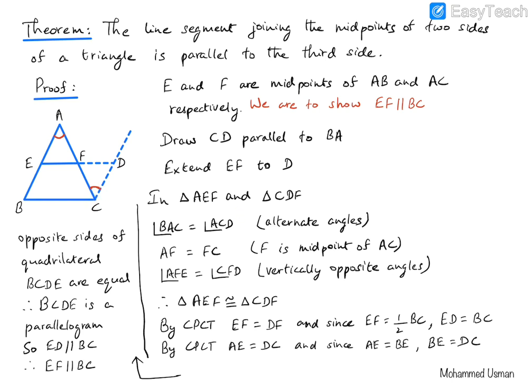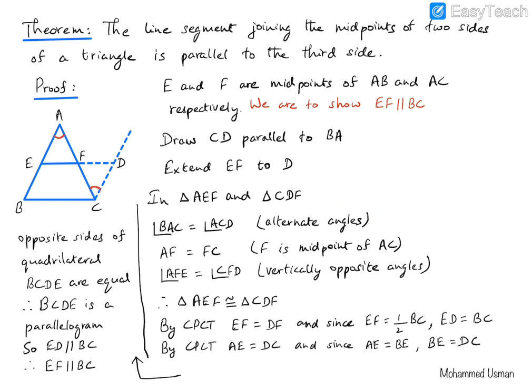AB and CD are parallel lines cut by the transversal AC, so the angles BAC and ACD are alternate angles, and they are equal. So these angles marked in red are equal because they are alternate angles.